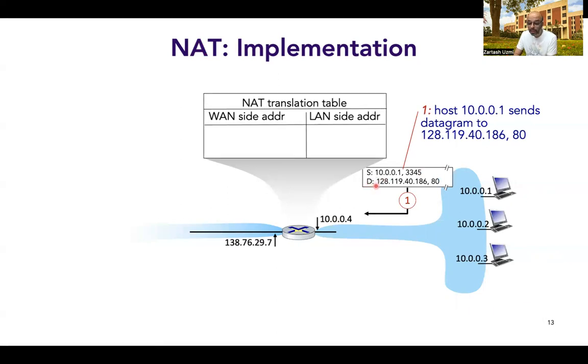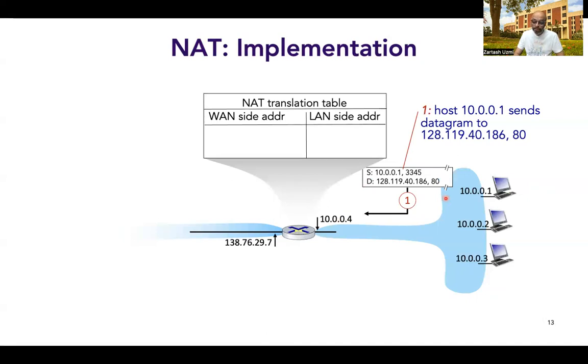The destination IP address, somewhere in the outside world, is 128.119.40.186. We don't know where that is, but it is definitely somewhere beyond this network address translation device. I'm trying to access port 80 of that device, maybe an HTTP server is running on it, and I'm trying to access the web page hosted on that particular IP address.